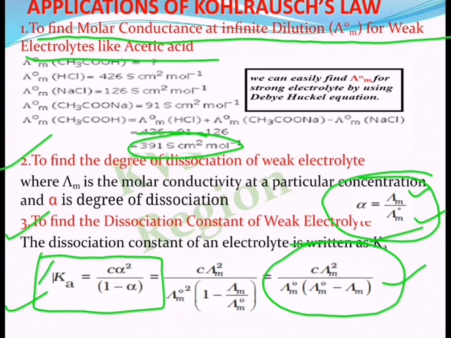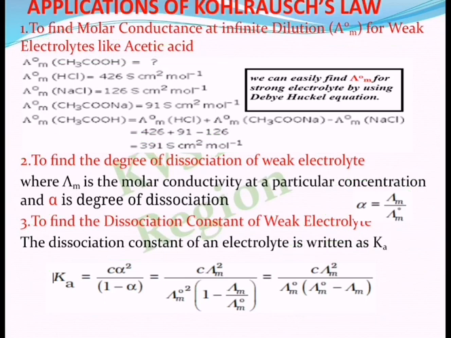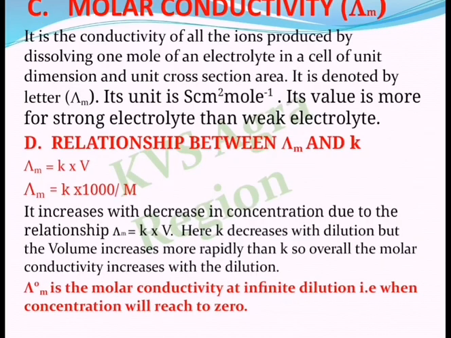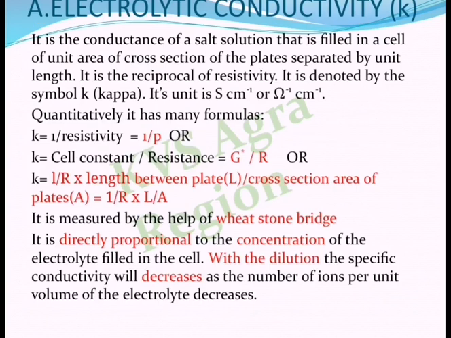So these are three important applications of Kohlrausch law. These are the important topics related to our first main topic, electrolytic conductivity. Again I repeat, the main topics of electrolytic conductivity. Let's see them one by one with the help of the slides.